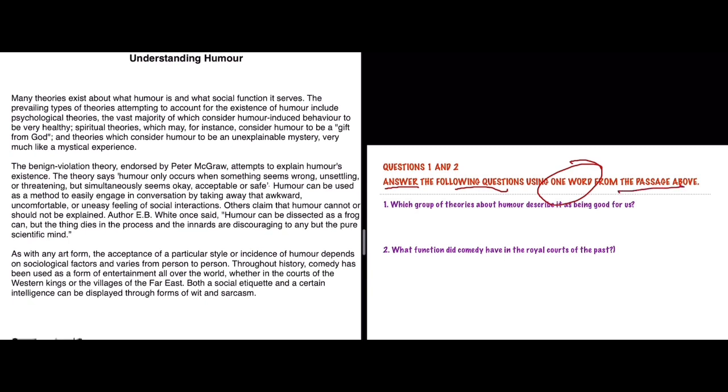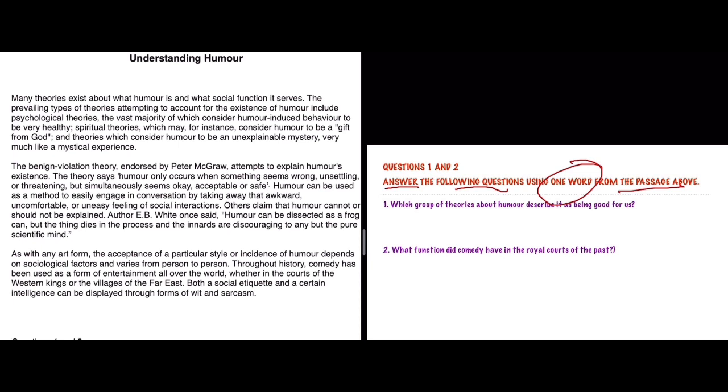So, whatever our answer is going to be, you should know that it just needs to be a word, not a word and a number. Just a word, and it should come from the passage. So if your word is not from the passage, then you are incorrect.